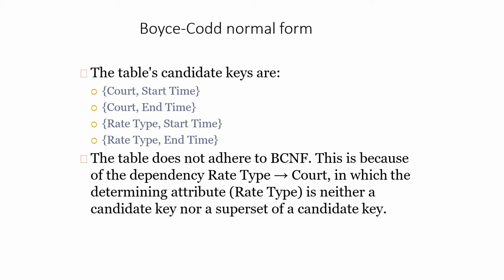The table does not adhere to BCNF. This is because of the dependency rate type determines court. Rate type is determining court, in which the determining attribute rate type is neither a candidate key nor a super key of a candidate key.